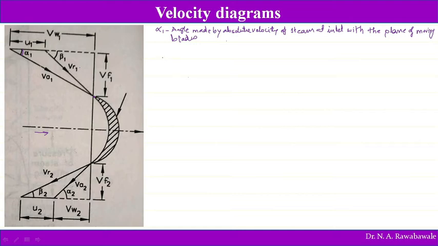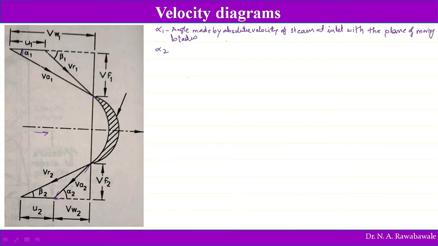Now next we see alpha 2. Alpha 2 is the angle made by the absolute velocity of steam at the exit with the direction of the blade.